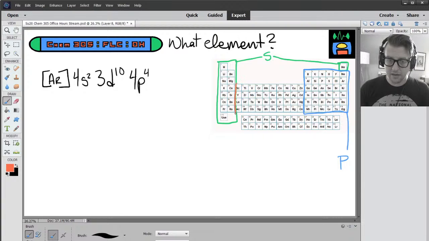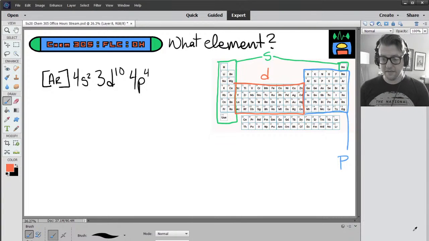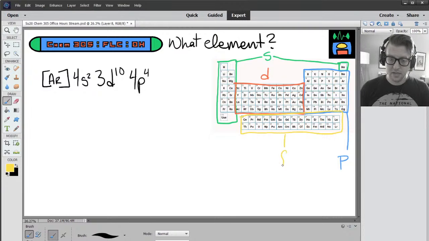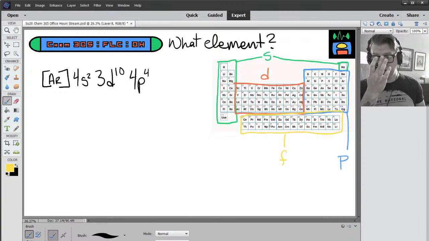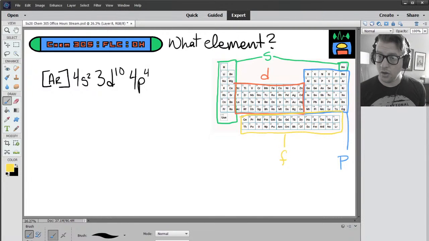The D block falls in between the S block and the P block, and then finally the F block is kind of floating down here. You need to know these divisions of the periodic table if you're going to assign electron configurations. It's the simplest way to do it, and I definitely recommend knowing where your S, D, P, and F blocks are.